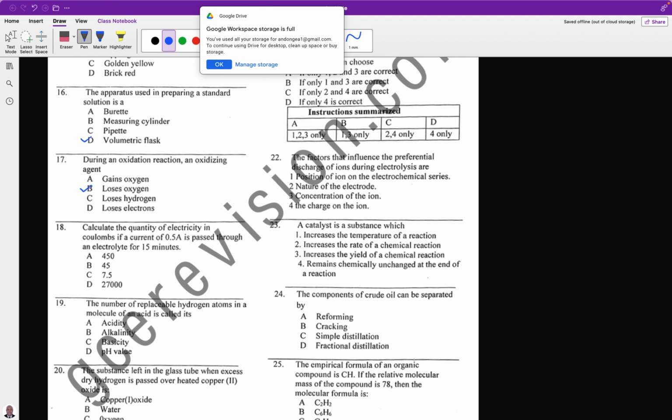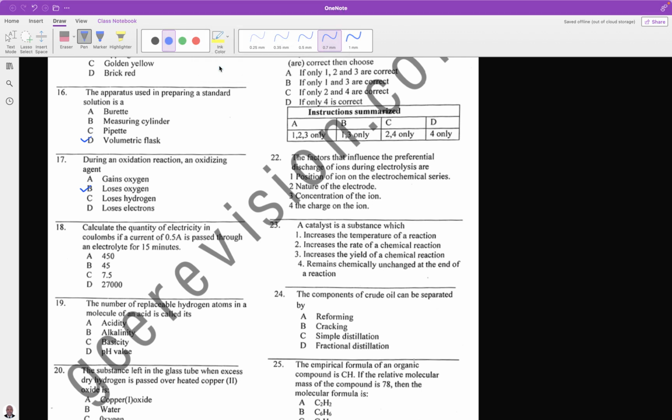The number of replaceable hydrogen atoms in a molecule of an acid is called its acidity, alkalinity, basicity, the pH. You can define an acid as a proton donor.